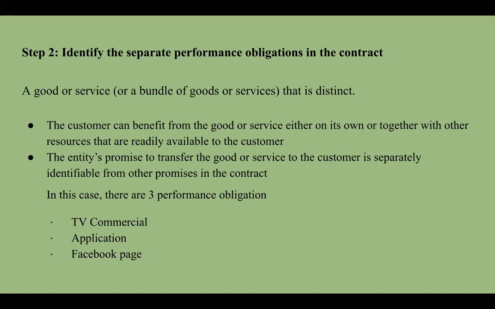In this case, they have 3 performance obligations that are not highly dependent or interrelated with other contracts. So in the recording, the performance obligations should be accounted for separately. In this case, they have 3 separate performance obligations that do not interfere with each other and can be sold separately, as the TV Corporation operating Facebook pages.